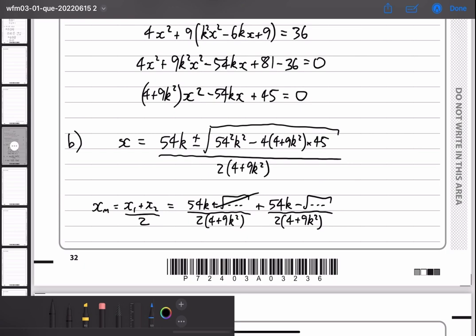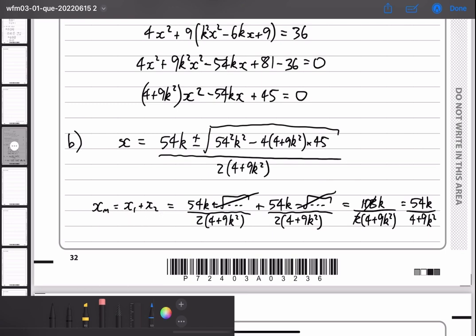So the plus and the minus cancel out, and we get 2 lots of 54, 108k over 2 lots of 4 plus 9k squared, and that cancels back to 54. And I haven't done the divide by 2 yet.